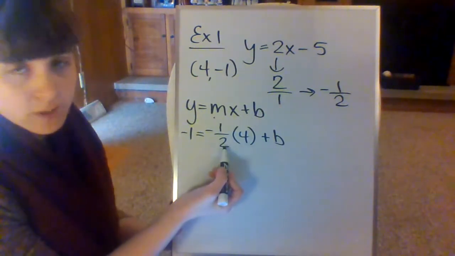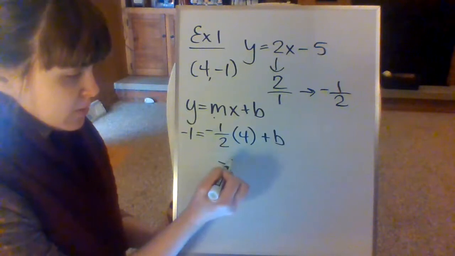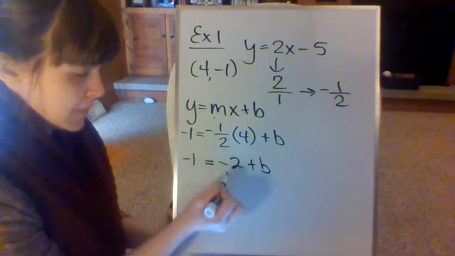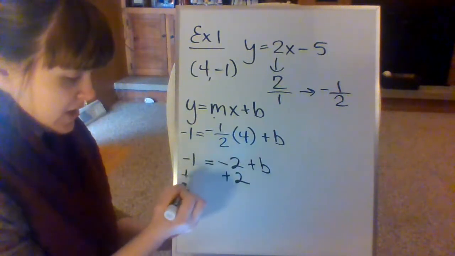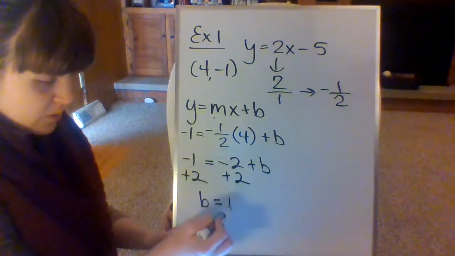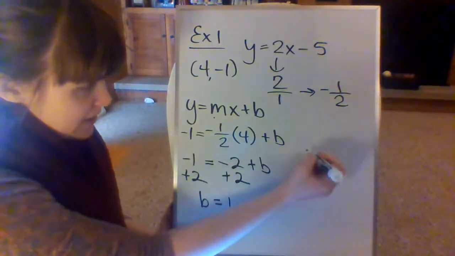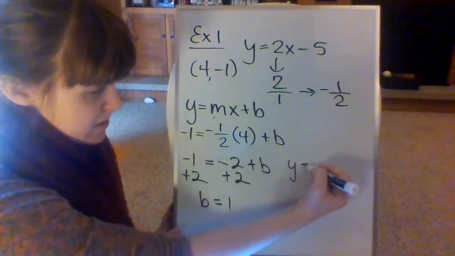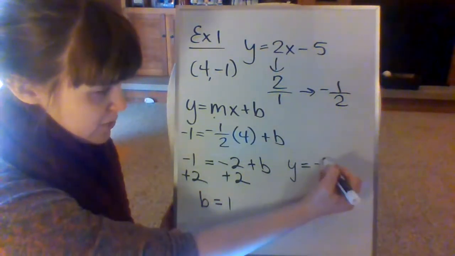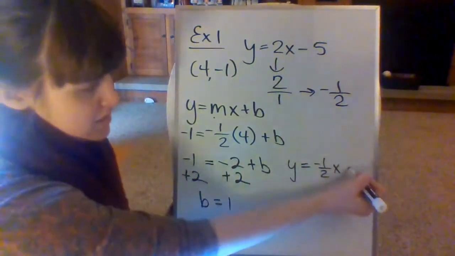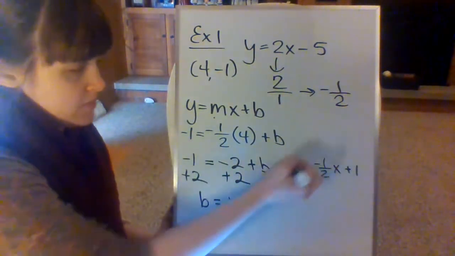So 4 divided by -2 would be -2. And then we're going to add 2 to -1 to solve for b. So b equals 1. And the equation of our line, I'm going to write it over here, would be y equals, our slope was -1/2, so y equals -1/2 x plus 1.